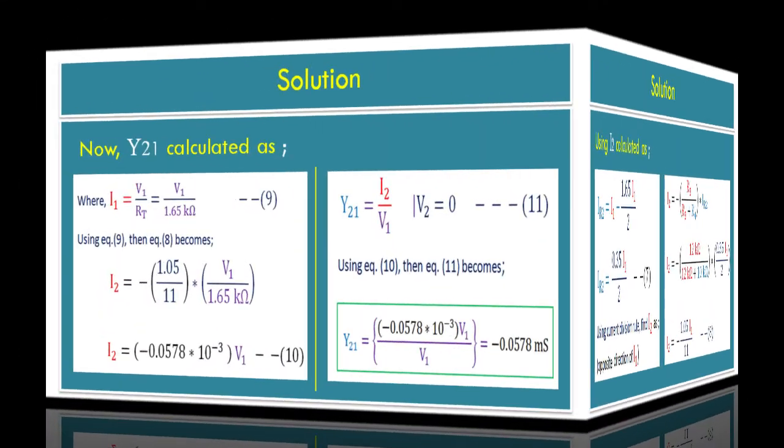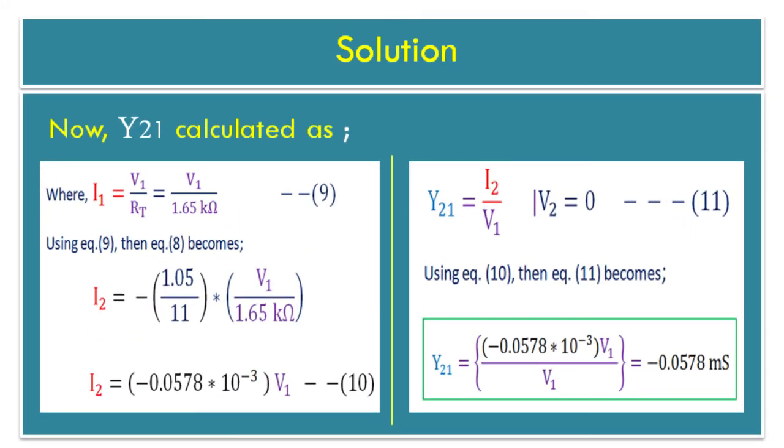Using equation 8, calculate current I2 as current I2 is equal to minus 1.05 upon 11 into current I1. Now substitute value of current I1 is equal to V1 upon 1.65 kilo ohm. After calculation, we get current I2 is equal to minus 0.0578 into 10 raised to minus 3 into voltage V1.